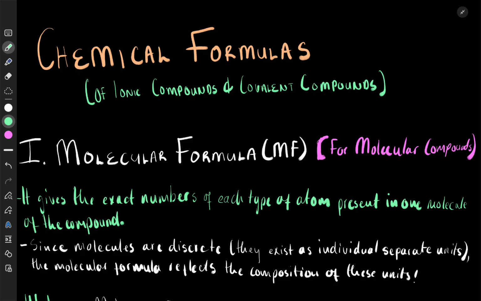Not only that, it is what we will be using when we give compounds their formulas. When we give compounds their formulas, we are going back to what we just learned, which is what happens in an ionic compound and what happens in a molecular compound.